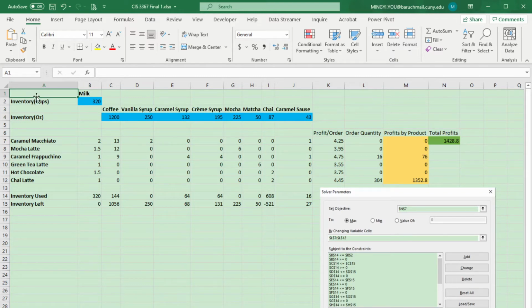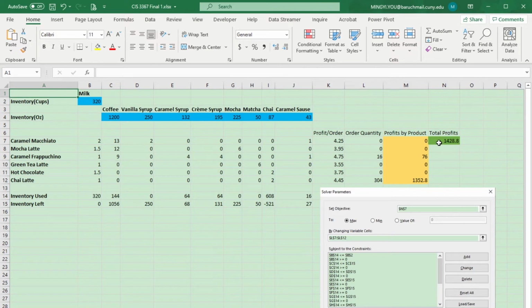The analysis is structured as ingredients involved in products, the amount of ingredient cost to produce a type of product, total inventory available, profit per order, order quantity, profit by products, and lastly, total profit.